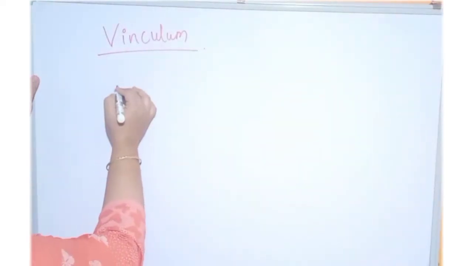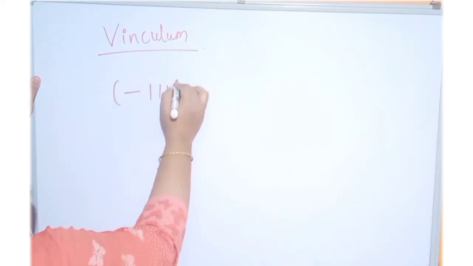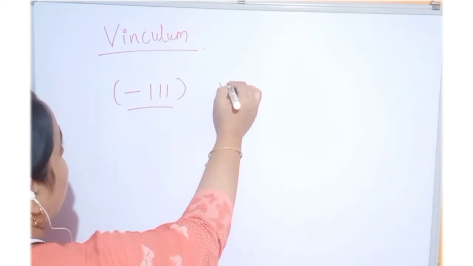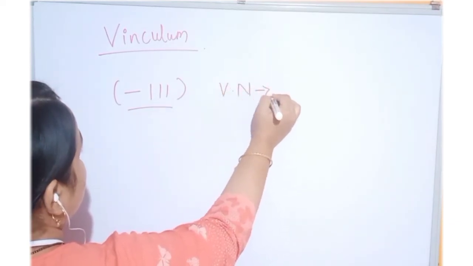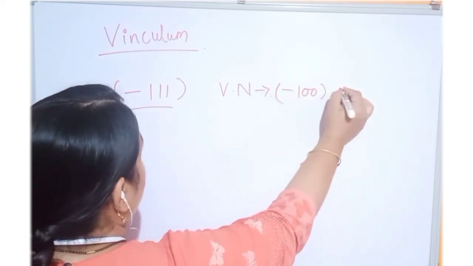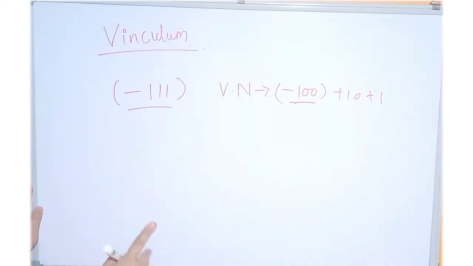As we saw, this is normal maths, but in the vinculum method, it is -100 plus 10 plus 1. So only this digit is negative, and everything else is positive.